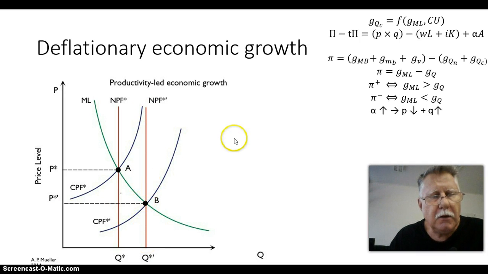And this can be called the natural way of economic growth. So let's not be deceived by thinking that natural economic growth should come with price inflation or with price stability, based on the logic of the process of productivity gains. It will be deflationary economic growth.